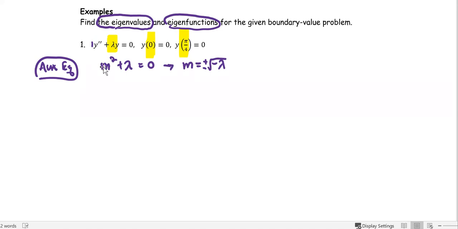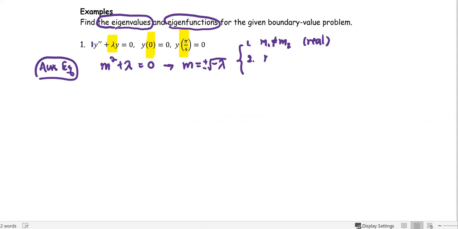But this time, since lambda is a parameter, we're going to find the options of lambda that will give us the non-trivial solution. There are going to be 3 cases for the solutions of the auxiliary equation. As you recall, case number 1, m1 not equal to m2, both of them are real roots, the real solution.